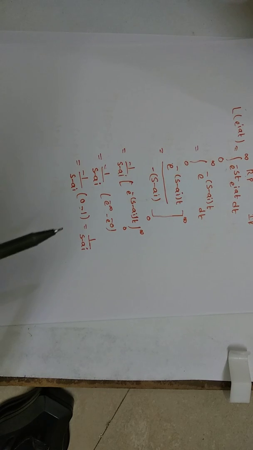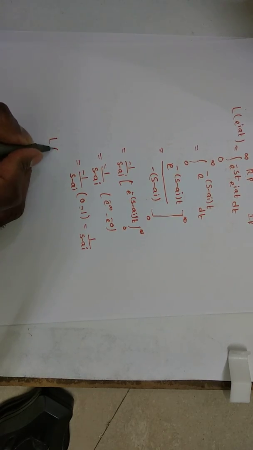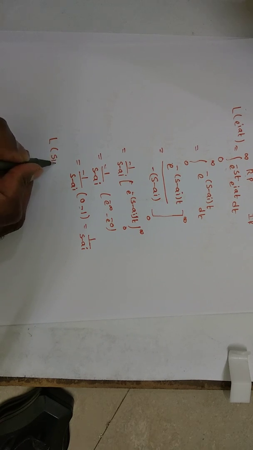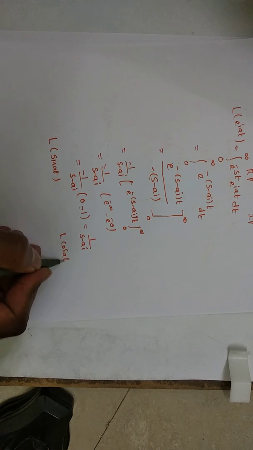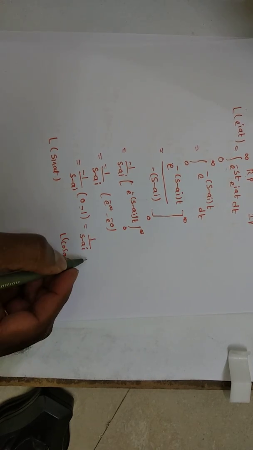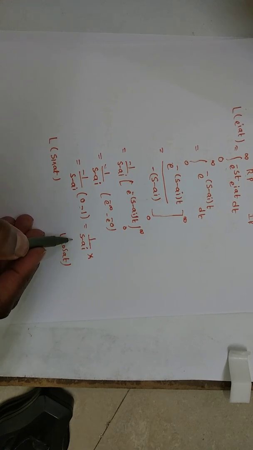But what do we actually want? I want L of sin(at) and L of cos(at). So how can I get them? I want the real and imaginary parts. For that you have to observe that the denominator should not contain i. So what will we do?